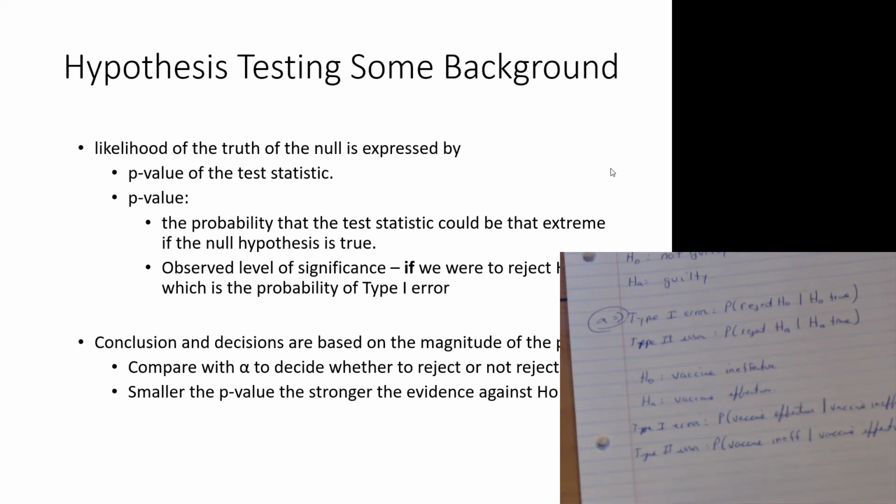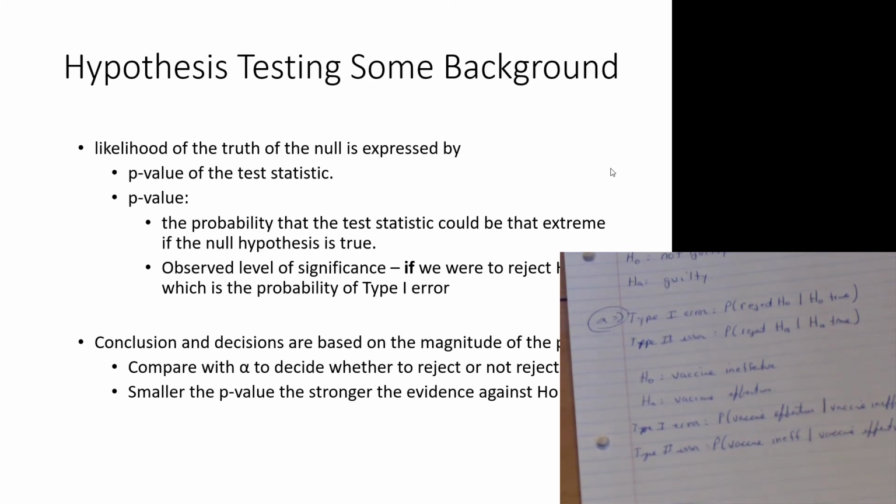Maybe we don't reject H0, but if we were to reject H0, the p-value tells us our probability of committing a type 1 error. A little bit more intuitive that way, okay? At the end of it all, we're going to compare that p-value to alpha, and decide whether to reject or not reject H naught. So we use it in our decision making.